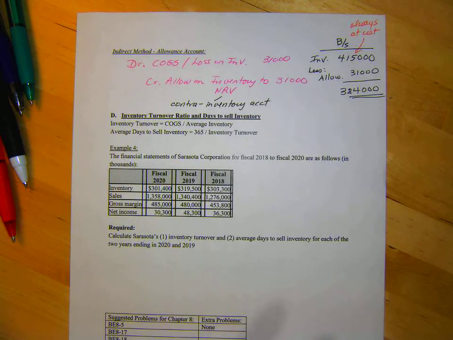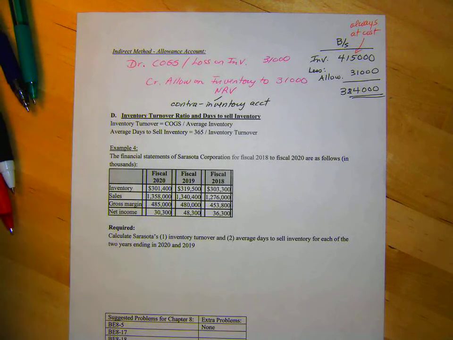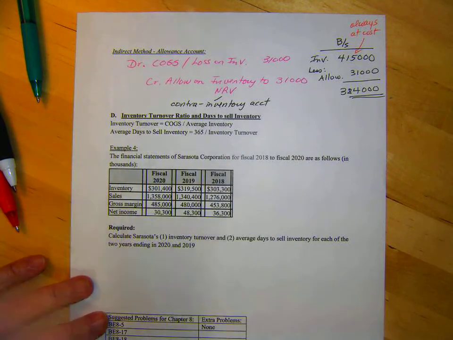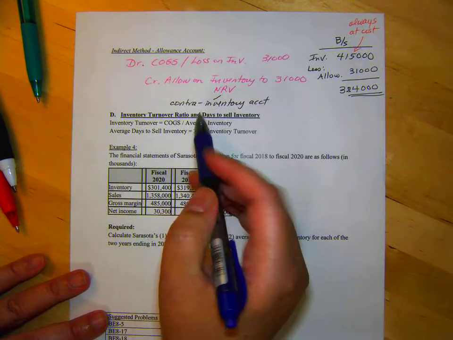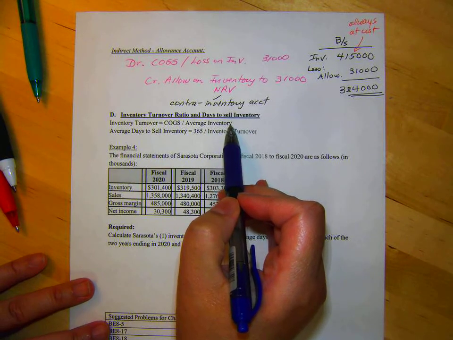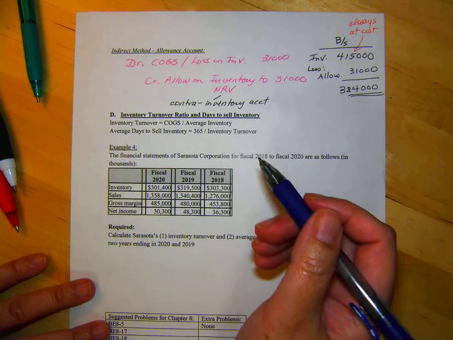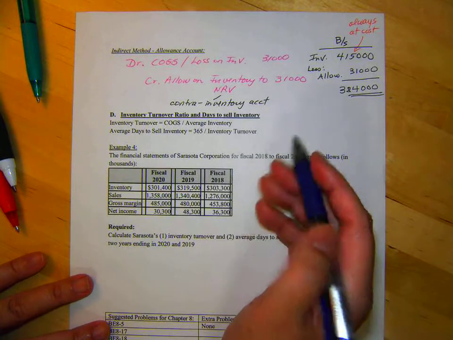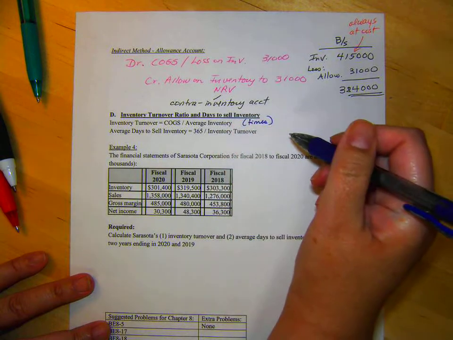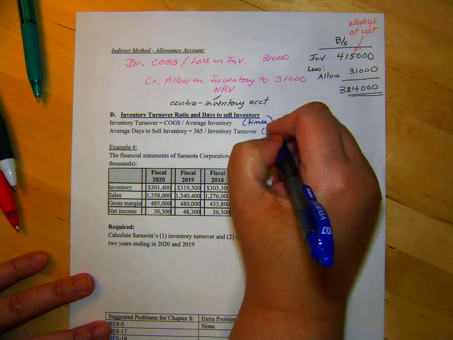Okay, the last thing I want to do is inventory turnover and days to sell inventory. So, inventory turnover is like accounts receivable turnover: cost of goods sold over average inventory. That tells how many times it turns over. The units is times, and average days to sell is in number of days.